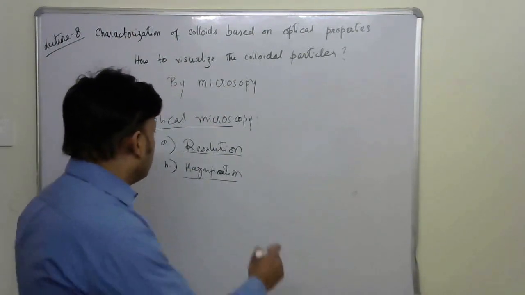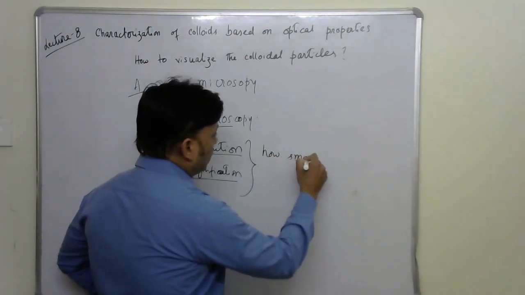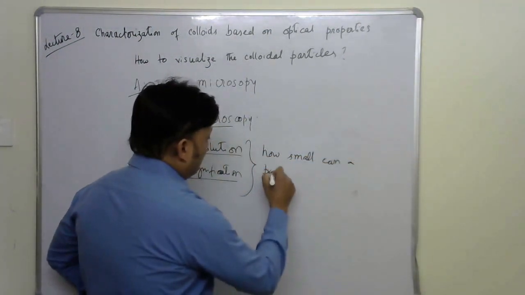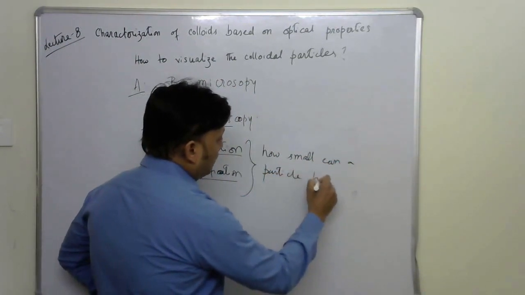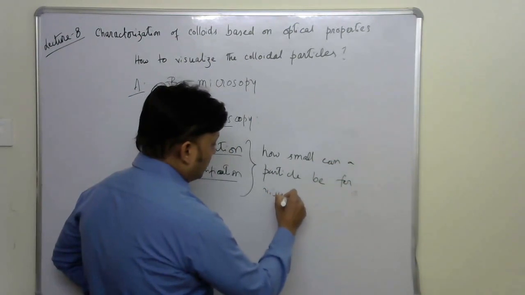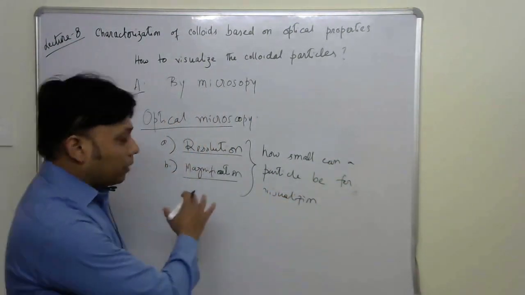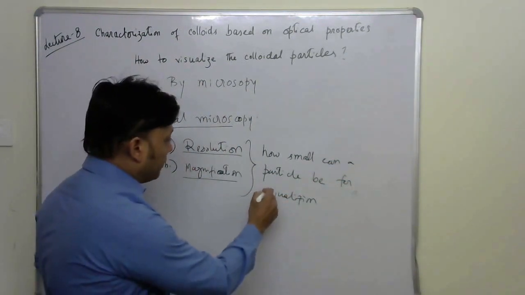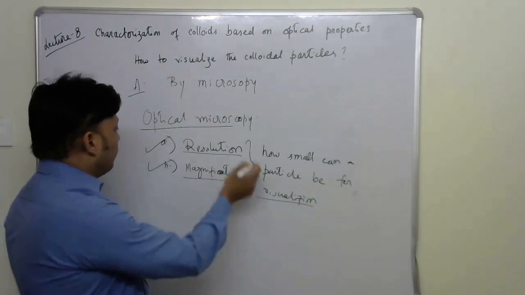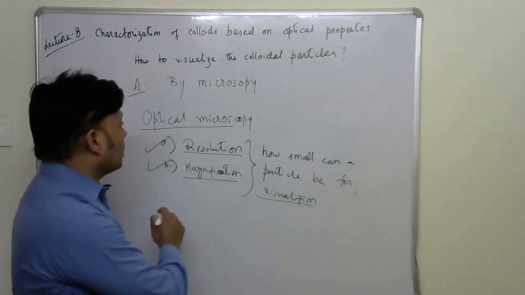Basically these two words define how small a particle can be for visualization using a microscopy. It could be an optical microscope or some other microscopic technique. But let's first try to have a definition of resolution and then magnification.